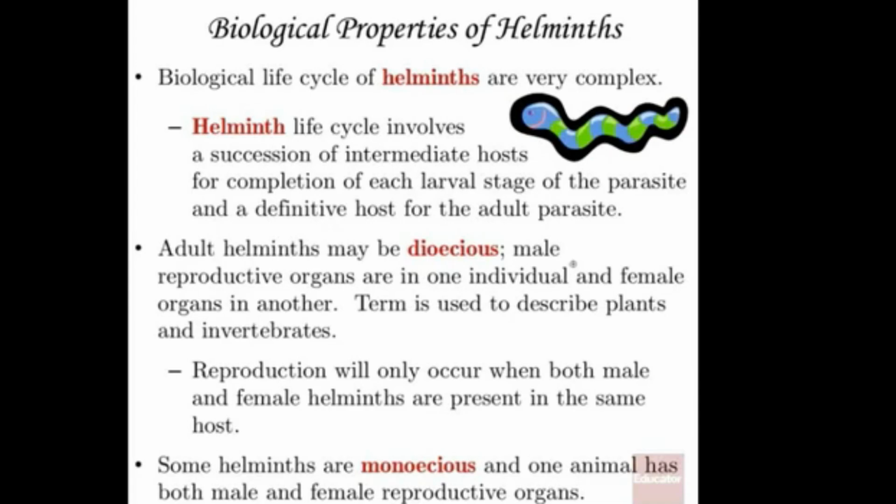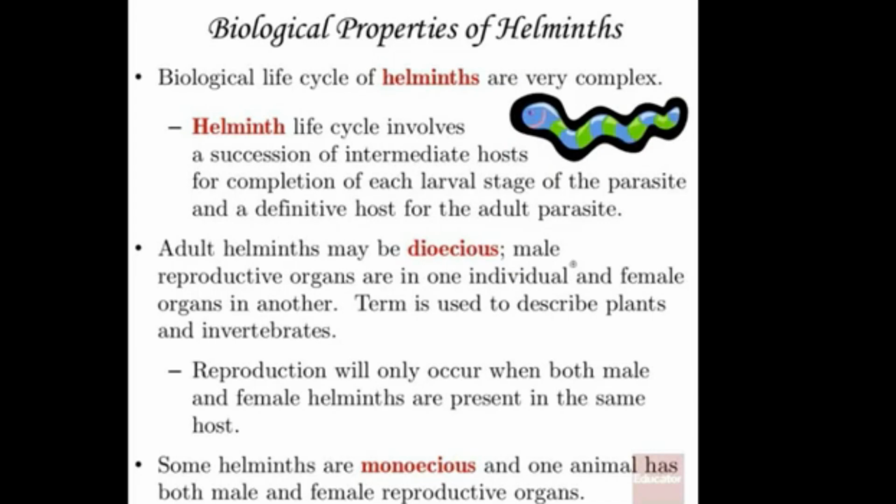So the adult helminths, the worms, they can be dioecious. Now this term, we haven't seen this term before, and this term is used exclusively in plants and invertebrates. So in mammals, we don't discuss the term dioecious.